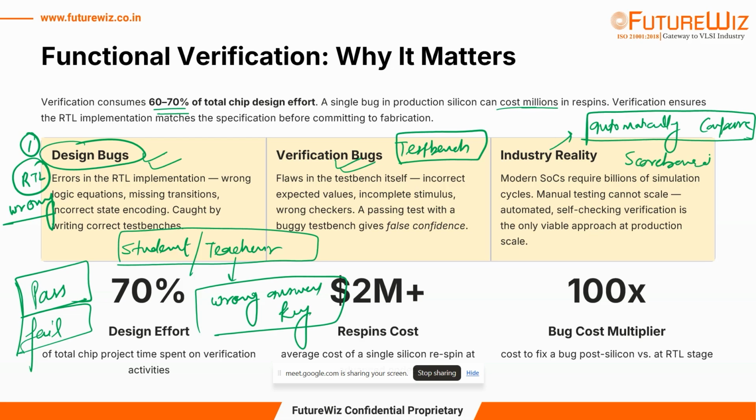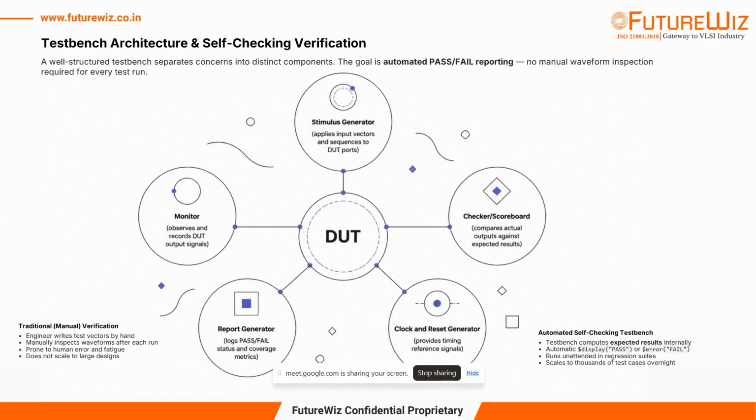A scoreboard gives how many test cases passed and how many failed by checking them against the expected result. Whatever result you got from the DUT is checked with the result you are expecting, and according to that it gives you test case pass or fail, right?